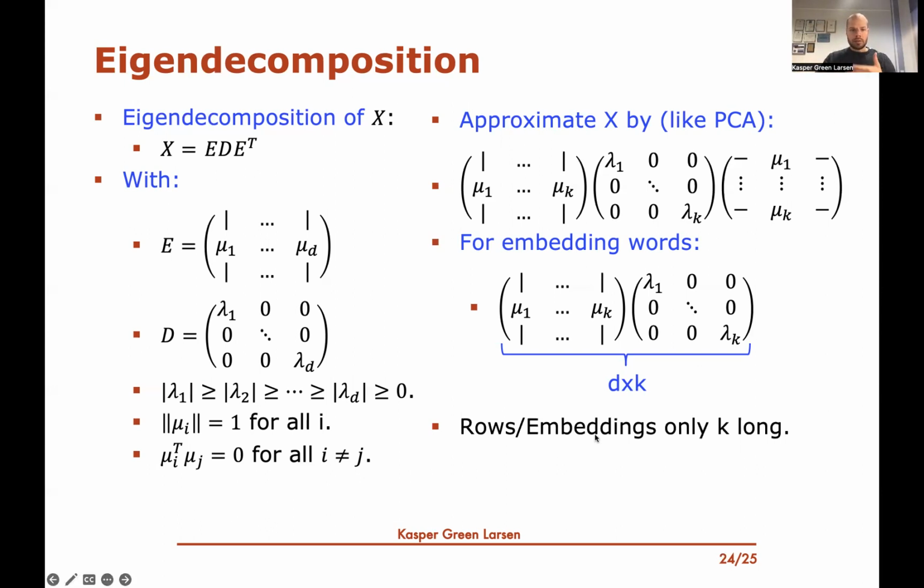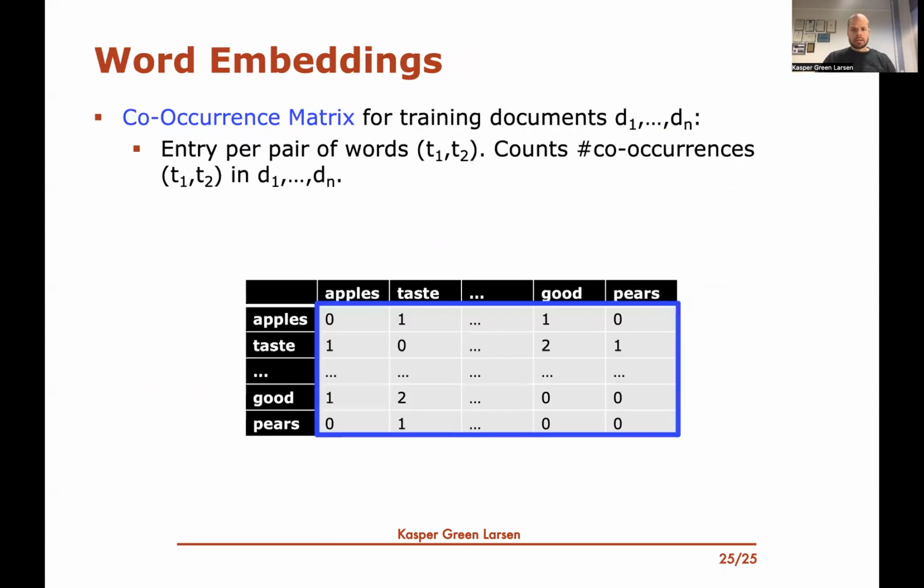So the embeddings of the words are only k long. If I want to embed a word, I take this D by k matrix and pick the row corresponding to my word. That is the embedding of my word. In practice, you typically choose k maybe in a couple of hundreds, so a couple of hundred columns are left in this matrix.